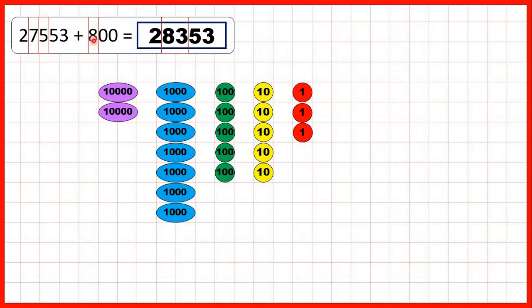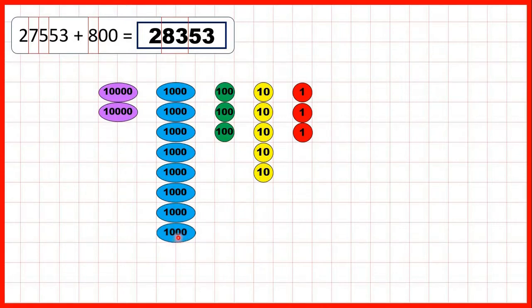We were adding 800, but remember, when we get 10 hundreds, we need to exchange those for another 1,000. So we can add 1, 2, 3, 4, 5, 6, 7, 8 hundreds, and you can see that once we got to 10 hundreds, we needed to exchange for another 1,000.